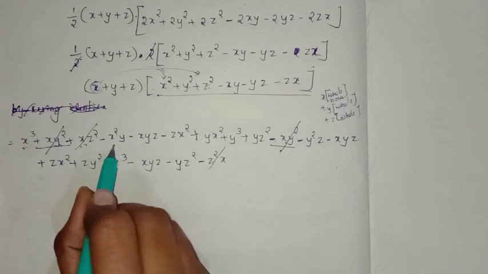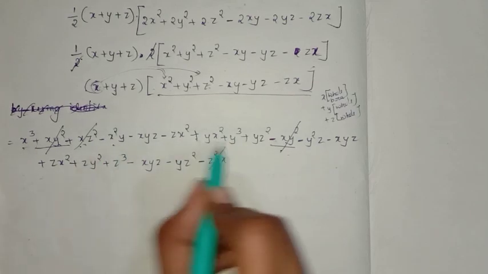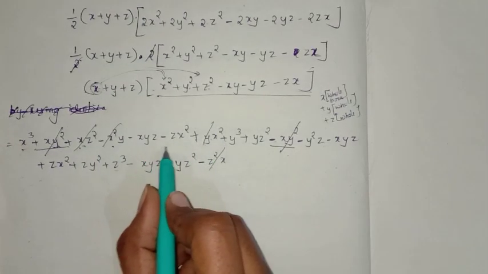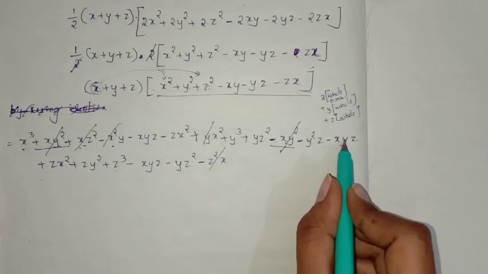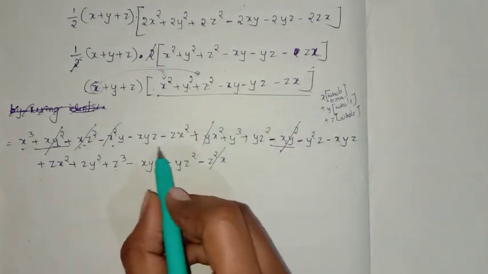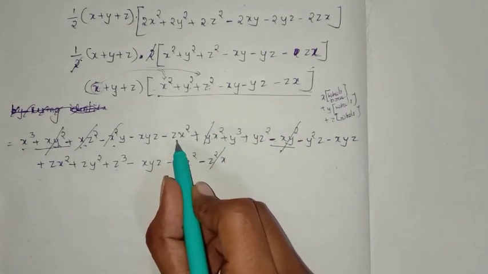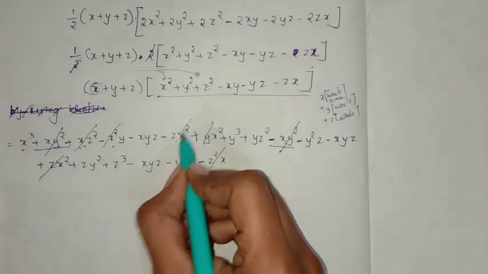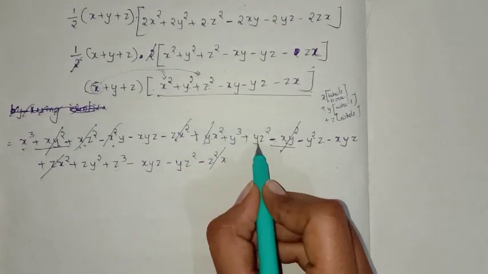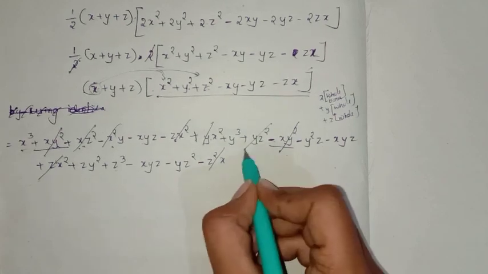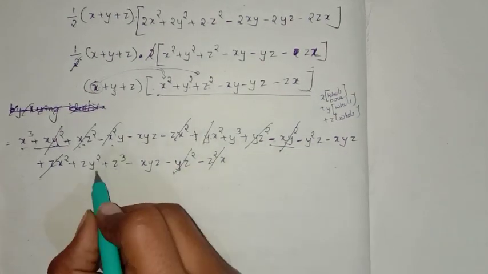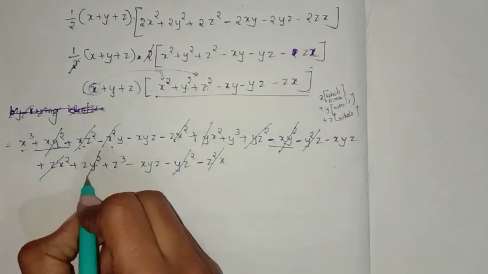Then x square y, negative and positive, get cancelled. Then x y z is negative, negative, negative, so no need to cancel. Then z x square, positive and negative, get cancelled. Then y z square, positive and negative, get cancelled, and y square z also gets cancelled.